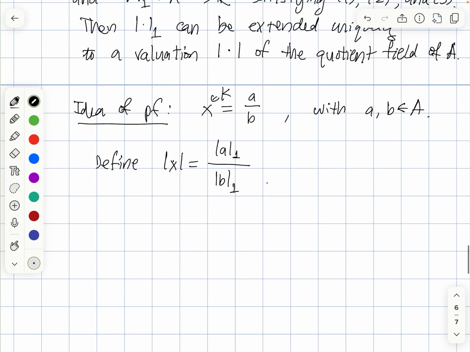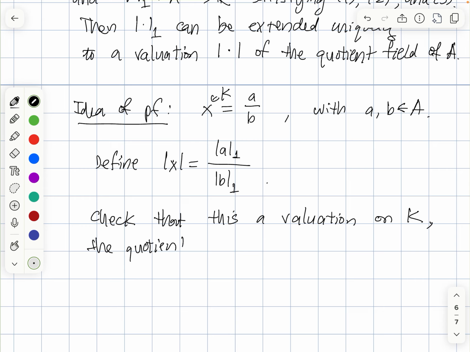And one can check that this is a valuation on K, the quotient field of A. So that's just a useful thing to keep in mind.